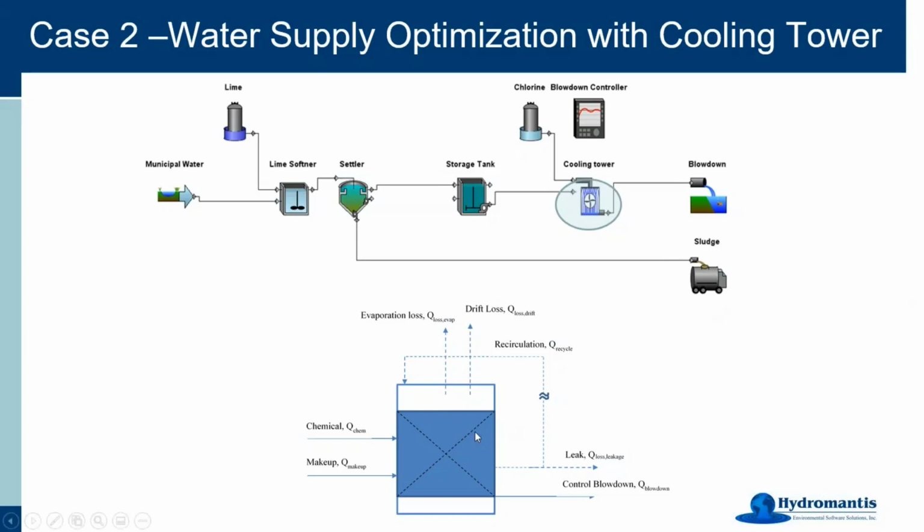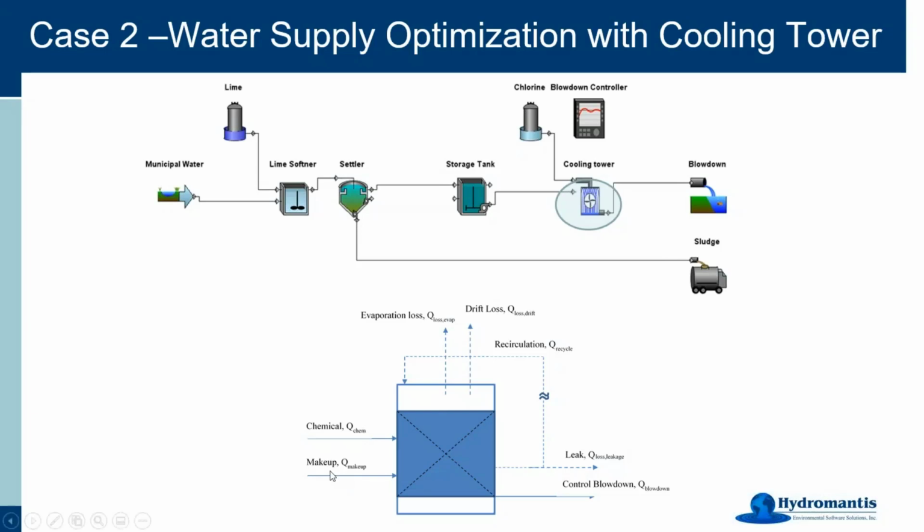So in this particular case, the makeup water, of course, is required, and the quality of the makeup water is really important. Depending on the quality of the makeup water, it determines how much water you will actually need. The more contaminated the water, the more quantity you will need. The purer the water, the less water you will need.